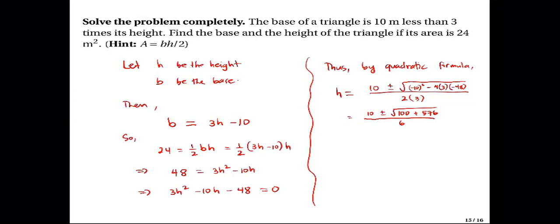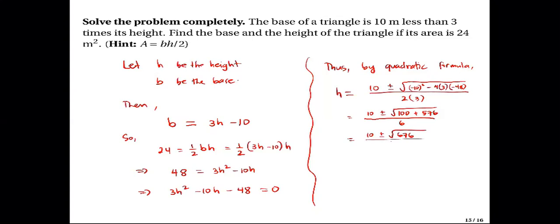And then 100 plus 576. We have there 676. And this guy here, we get the square root. The square root of 676. I hope that's just a good one. It's an integer. We're good.